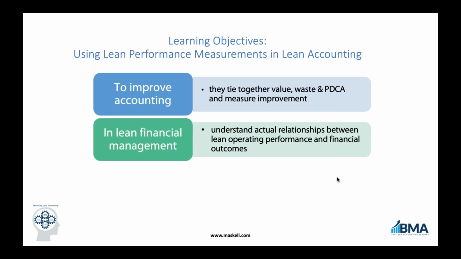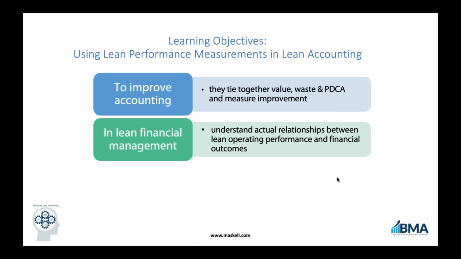When it comes to lean financial management, what lean measures do for accounting is help understand the actual relationships between lean operating performance and financial outcomes. In any organization, accounting has this fiduciary role to be objective and fact-based and be able to perform analysis that is reliable and useful.